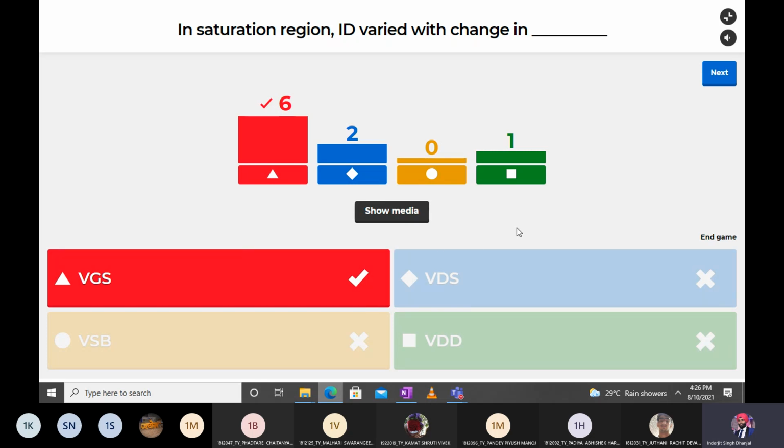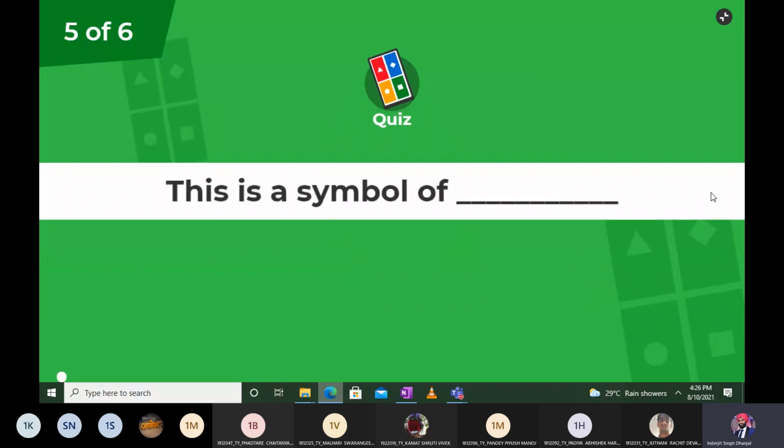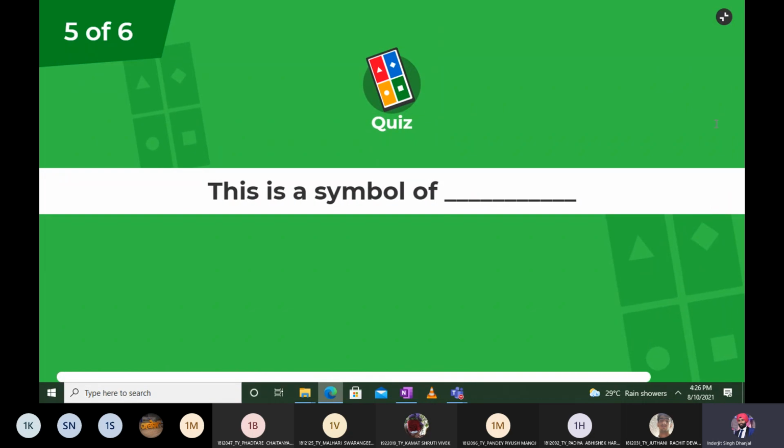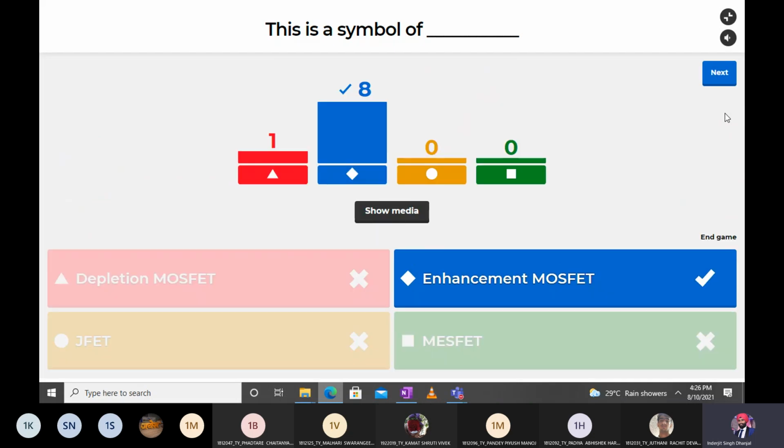So the correct answer is VGS. Enhancement MOSFET is the very obvious answer.